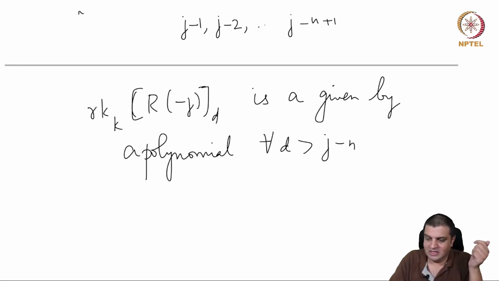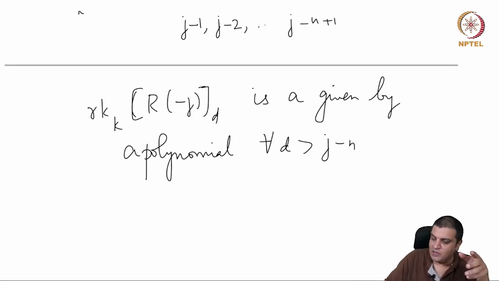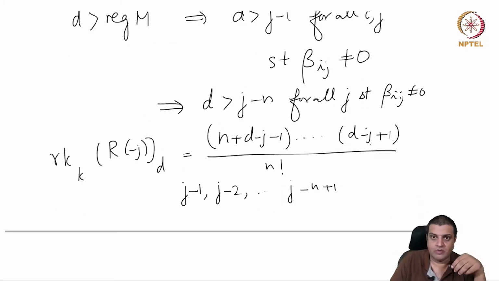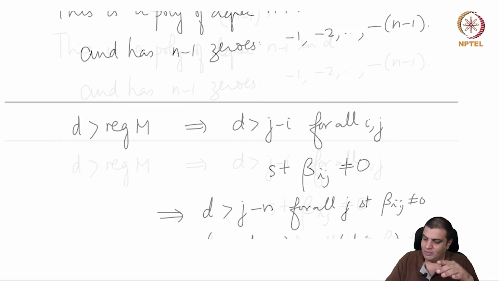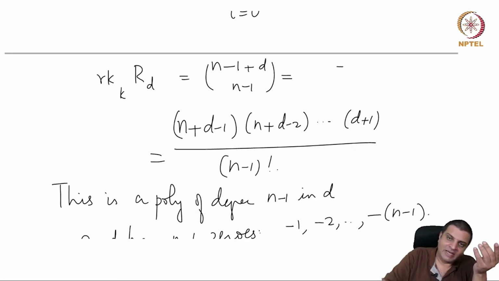That is because if it is like J minus n plus 1, the rank of this is 0, and so is the value of that polynomial. So let's go back to the polynomial for R. This polynomial is such that from degree 0 onwards, it has non-zero value and agrees with that rank. But from minus 1 to minus n minus 1, it has value 0, and therefore again it agrees with the values of this. I mean, this is 0, so is this, in this range.